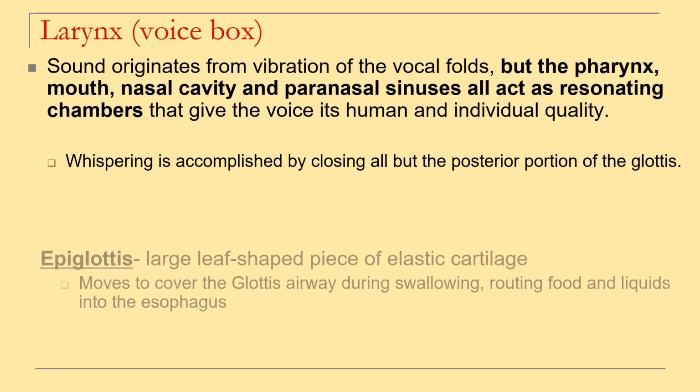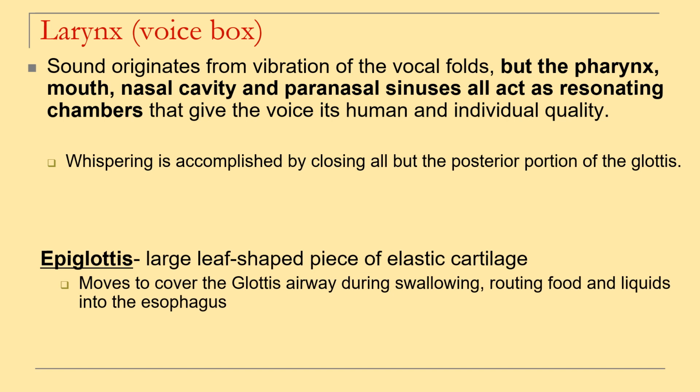All right, so sound originates from the vibration in the vocal folds. We know that now. But as we start manipulating them with our articulators, we have our resonating chambers as well. And the resonating chambers function to give your voice its human and individual quality.